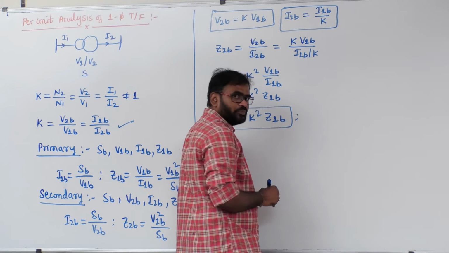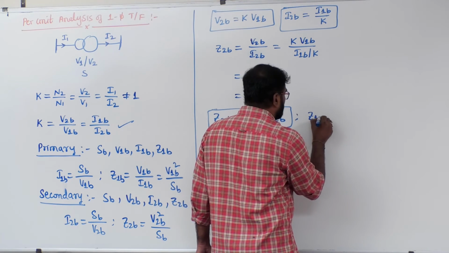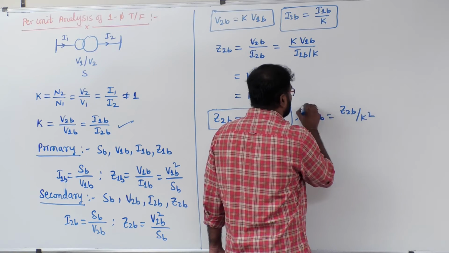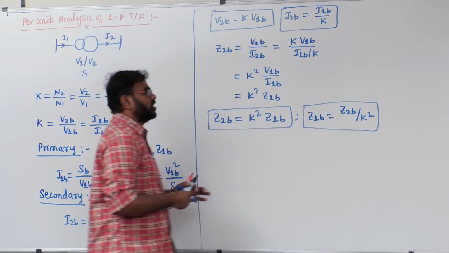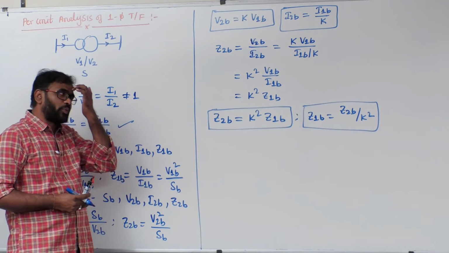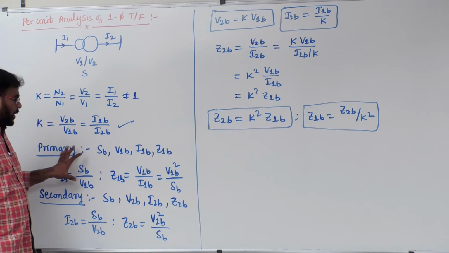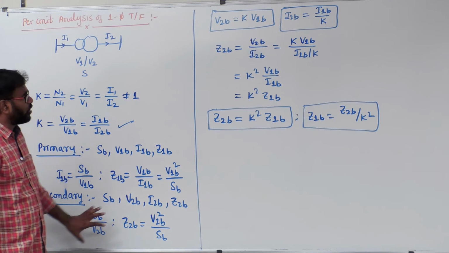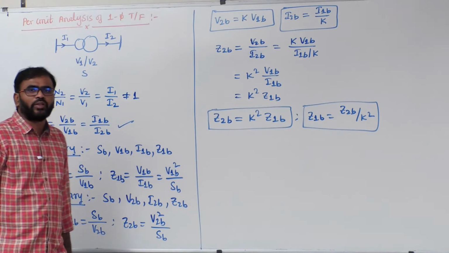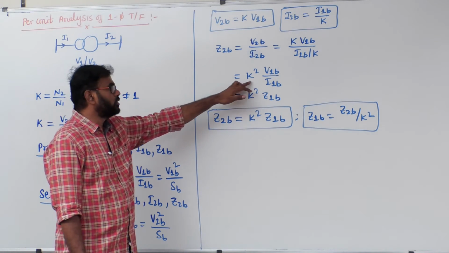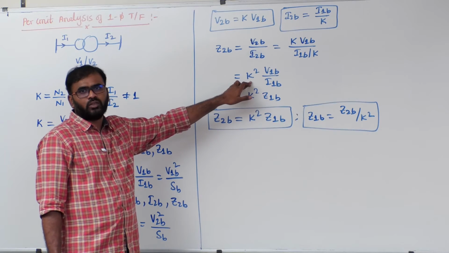Similarly, Z1 base equals Z2 base by K square. Now that's about the relation between base quantities in the primary and secondary side. We defined the primary base quantities, the secondary base quantities, and the relationship between them using K, the transformation ratio, which is not equal to 1.